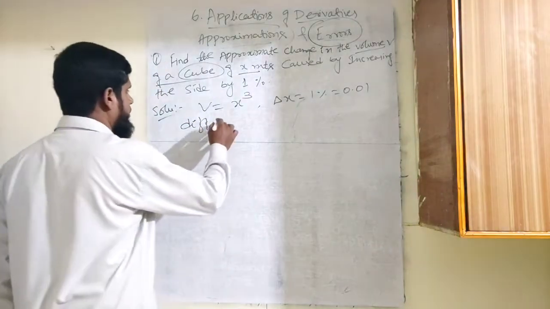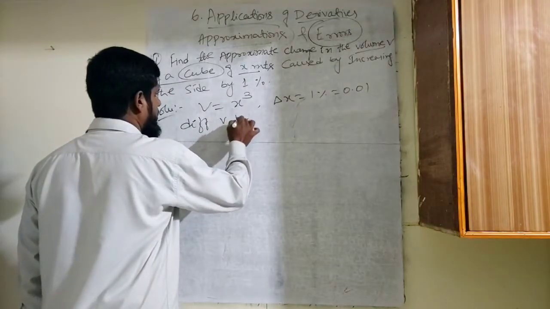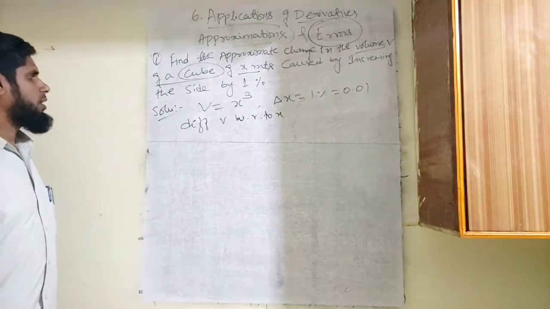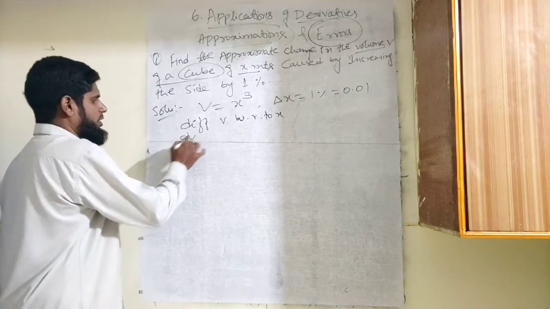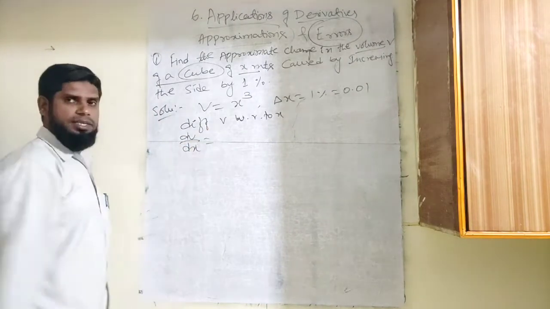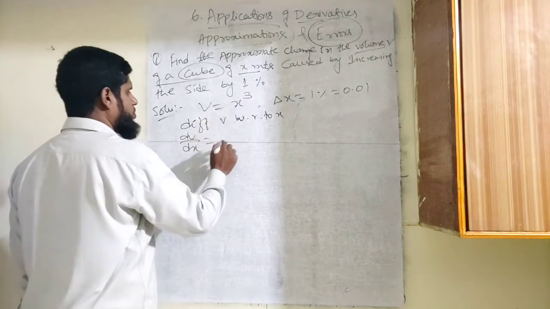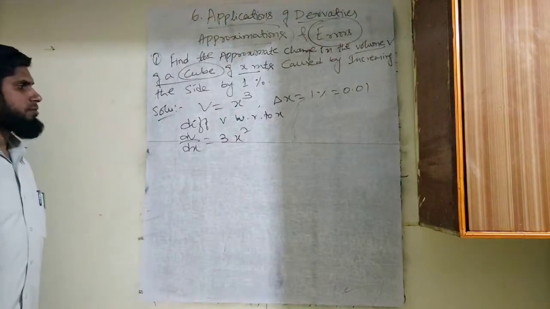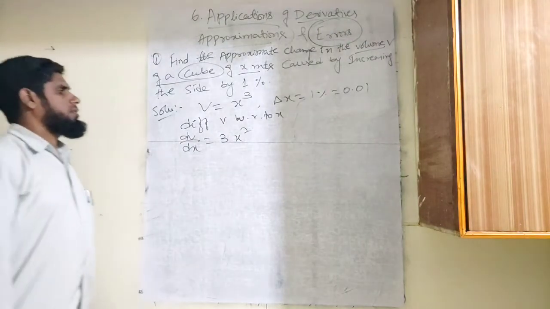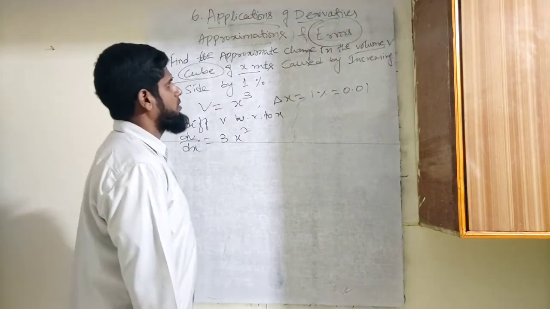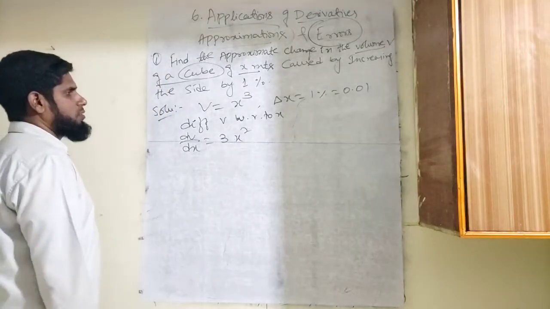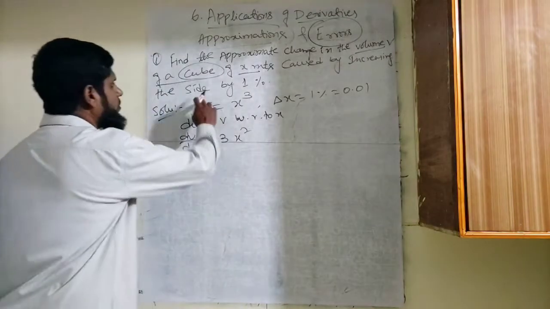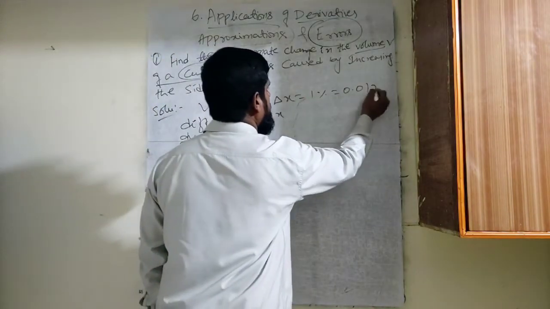Differentiate V with respect to x. So dV by dx is the derivative of x cube, which is 3x square. Now delta x is the side increasing by 1%, so it is 0.01 into x.